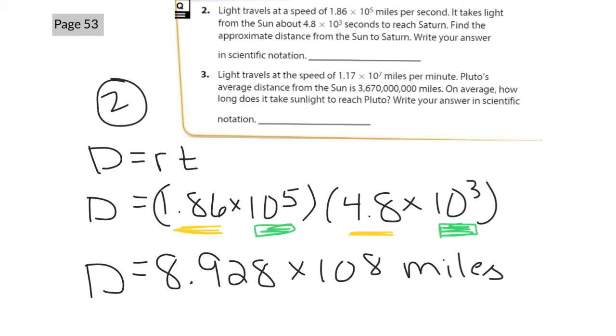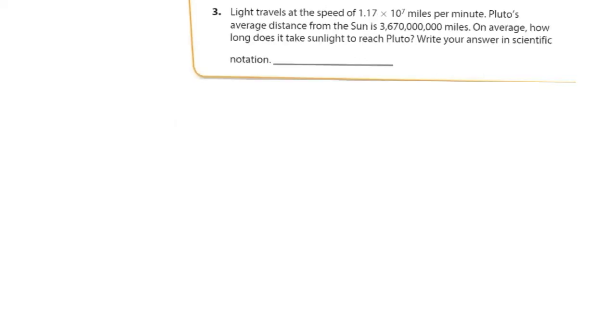So hang on a second and we'll try number 3. Okay, so on this page, I'm going to try number 3. So I just make sure you could see it again. So give this one a shot. Looks to me like they're going to give us travels at the speed, miles per minute. So this is the rate. They're going to give us the R. And the distance are giving us D. So how long does it take?